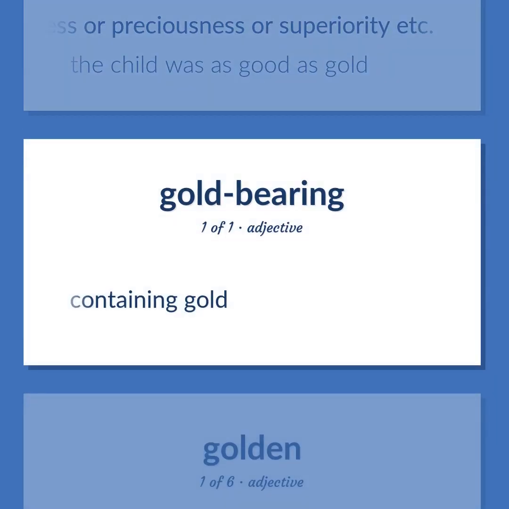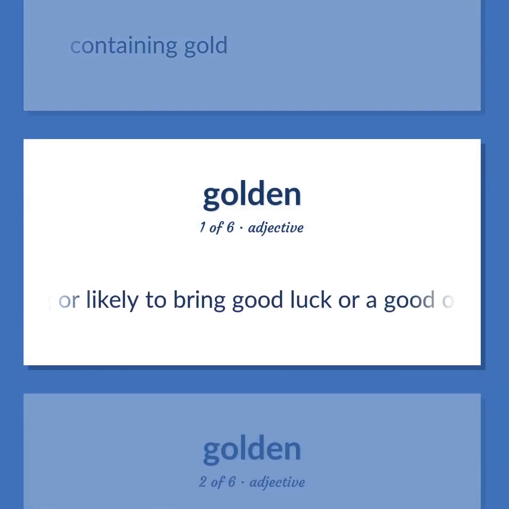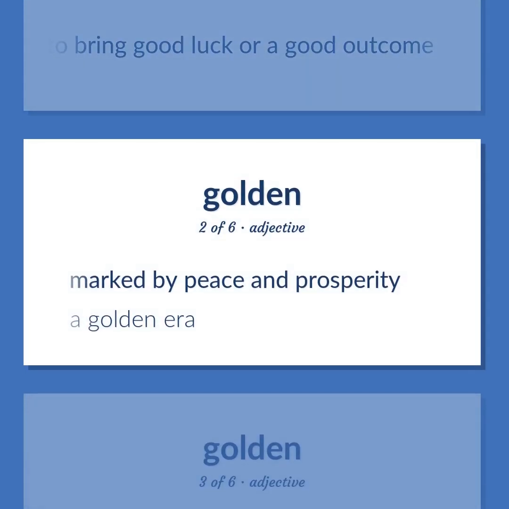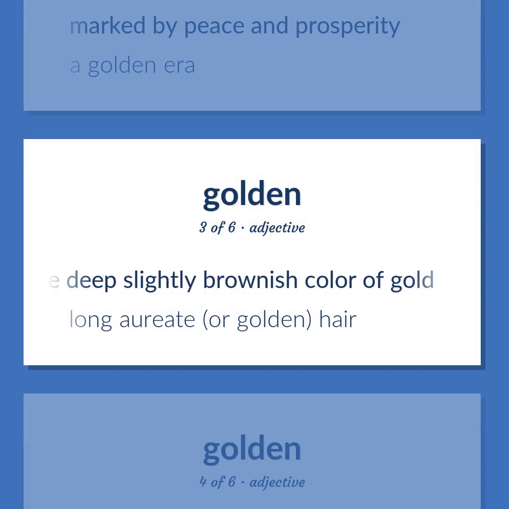Containing gold. Presaging or likely to bring good luck or a good outcome. Marked by peace and prosperity. A golden era. Having the deep slightly brownish color of gold. Long aureate, or golden, hair.